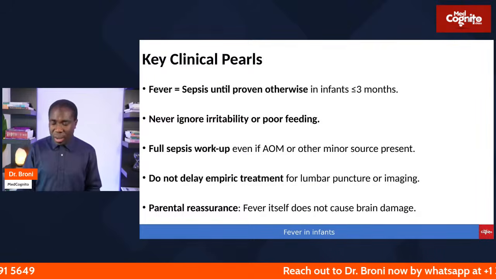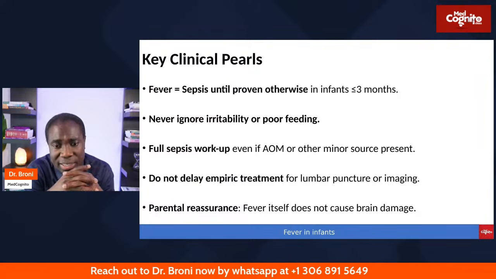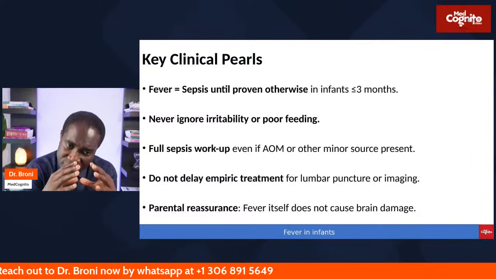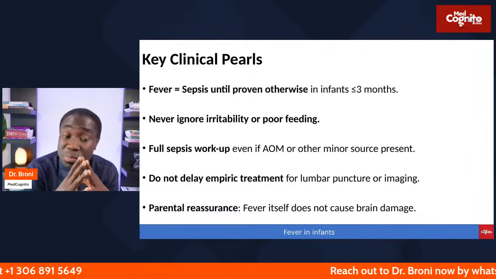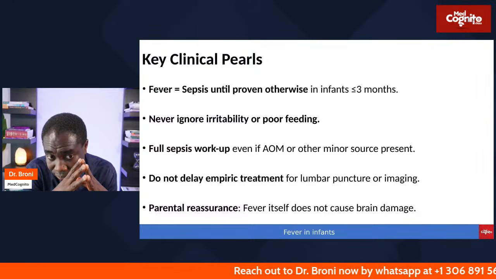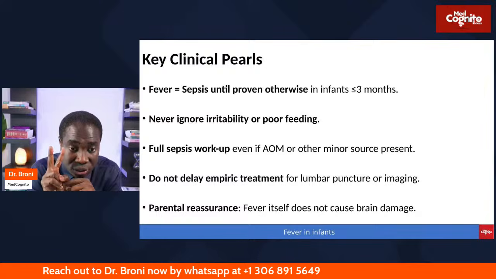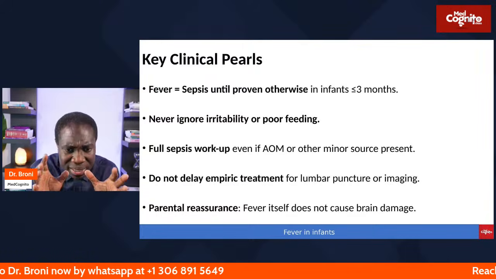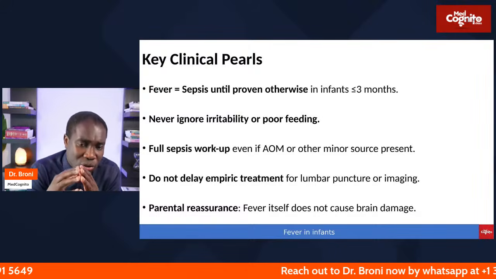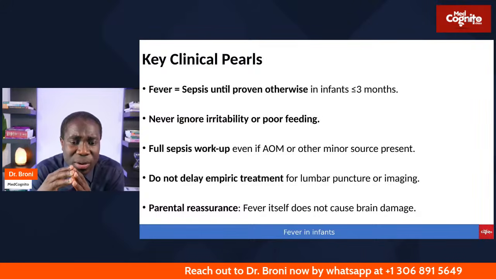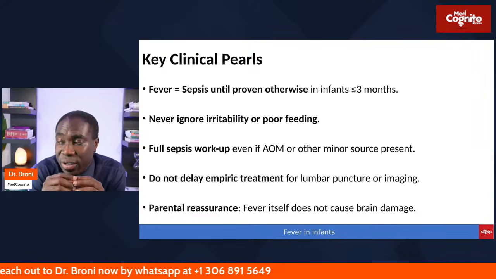So, I want to give you some clinical pearls. Number 1, in a child who is less than 3 months of age and has fever, that child has sepsis until proven otherwise. Let me say it again: that child has sepsis until proven otherwise. Number 2, never ignore irritability or poor feeding. Number 3, in children less than 3 months of age, do a full septic workup, even if acute otitis media or another minor source of infection is present.